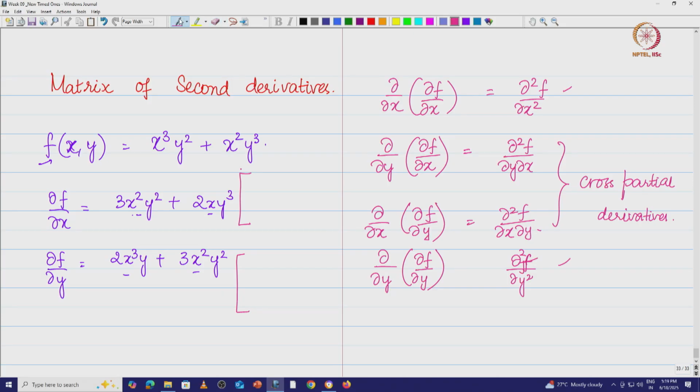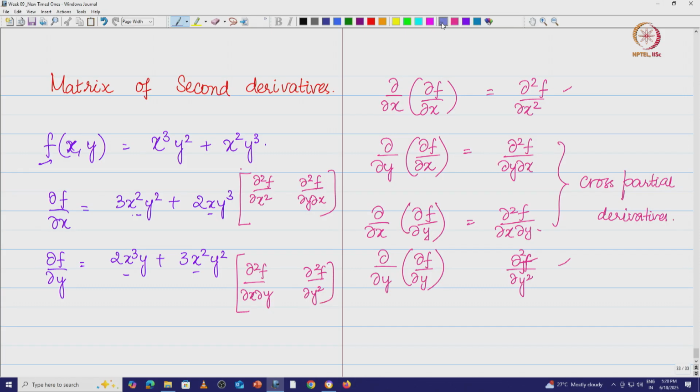This is going to be the second partial derivative, which is dou square f by dou x squared, and dou square f by dou y dou x. And in this case again I have dou square f by dou x dou y and dou square f by dou y squared. This is what I am going to look at.